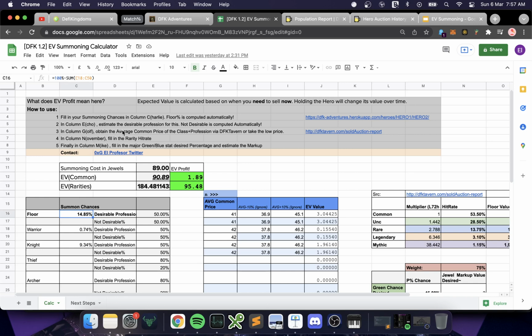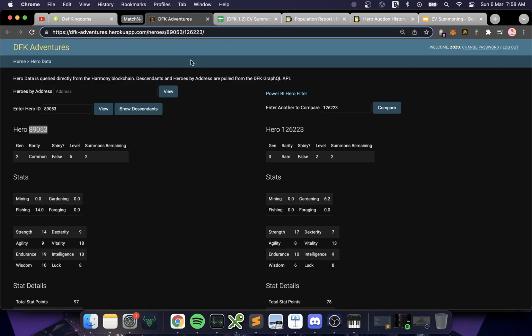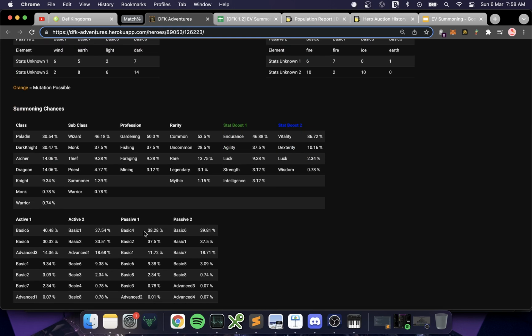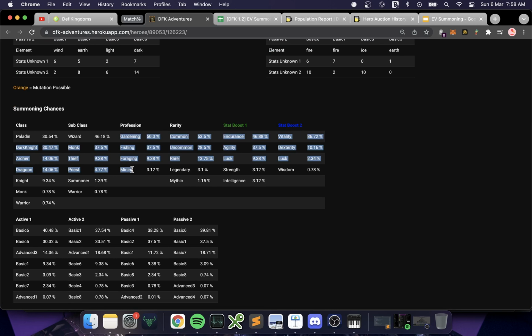Then in column Echo, estimate the desirable profession for this one. So basically use this summoning matching page, where I can see like, okay, gardening 50%, fishing, foraging, mining.